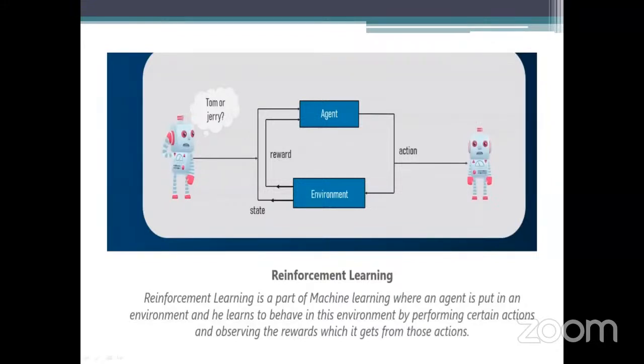The baby doesn't know anything. Reinforcement learning works like that. It has to go out, explore the environment, and perform actions which result in either rewards or some other punishment.